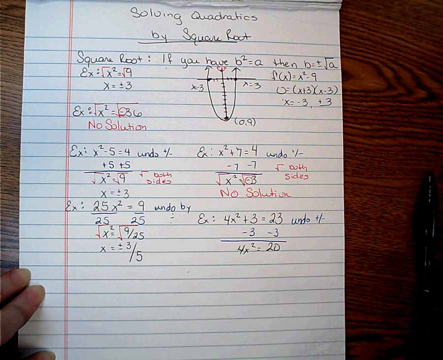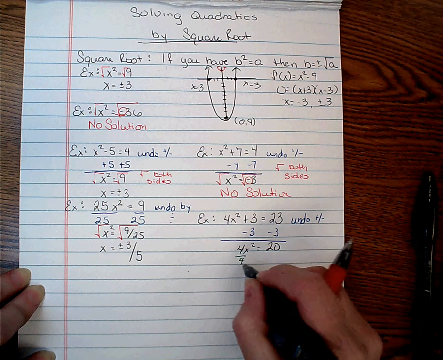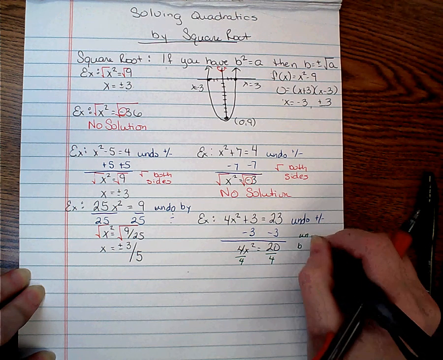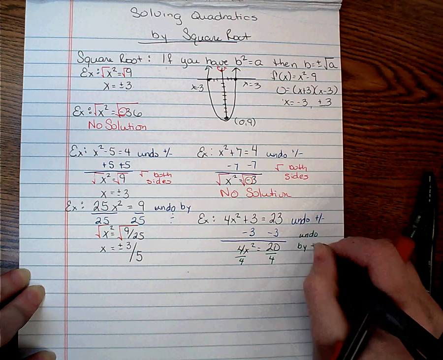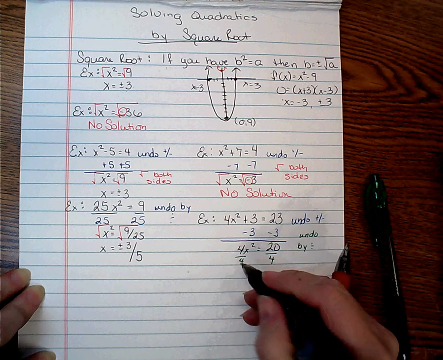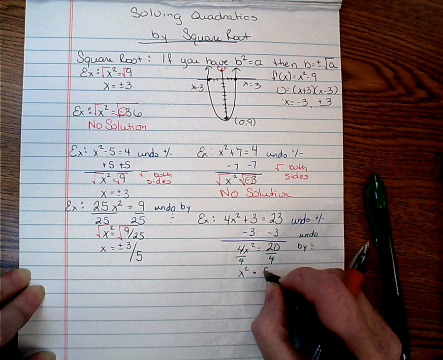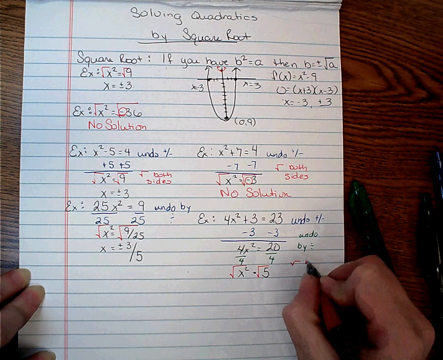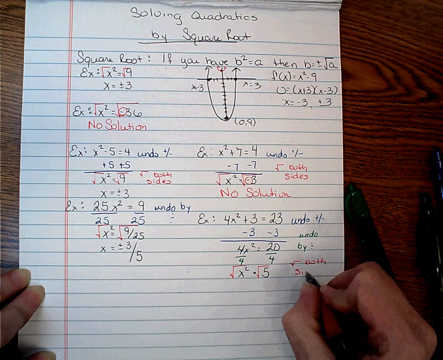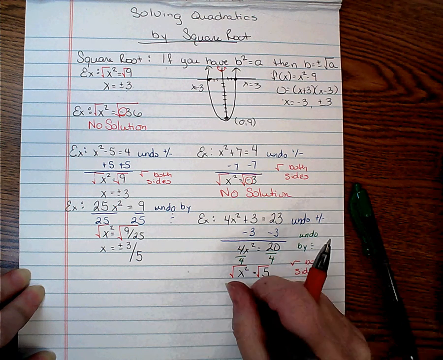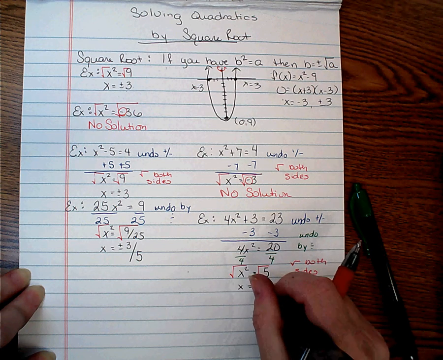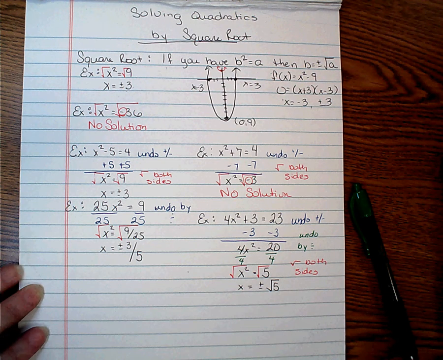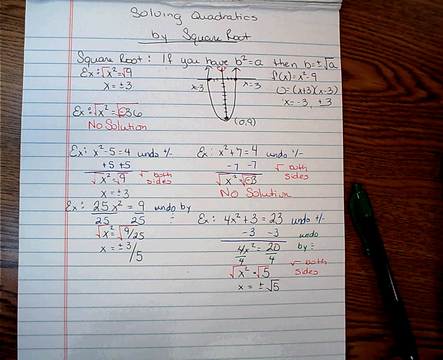Now let's undo by division. And now we get x squared equals 5. And when we square root both sides, we get x equals plus or minus radical 5. And you can even give that to me as a decimal. But we're going to keep it simple, and you can just leave it plus or minus radical 5.